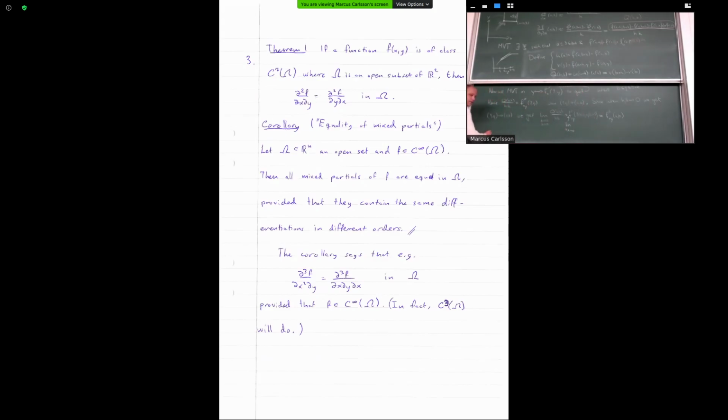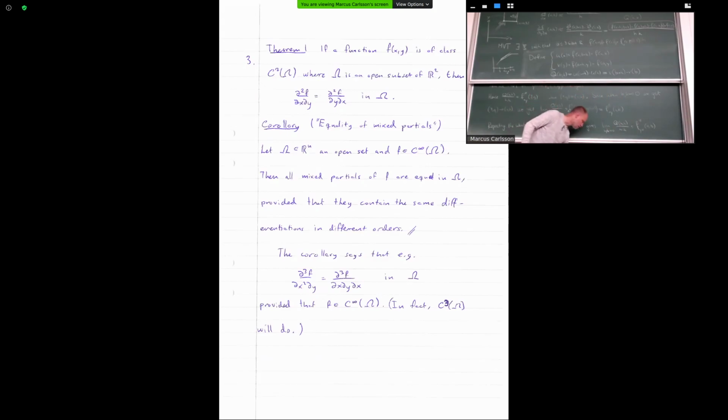So let me write here, repeating the whole argument with V instead gives that the limit h and k goes to 0, qhk divided by h times k is equal to the second partial derivative, but in the reverse order.